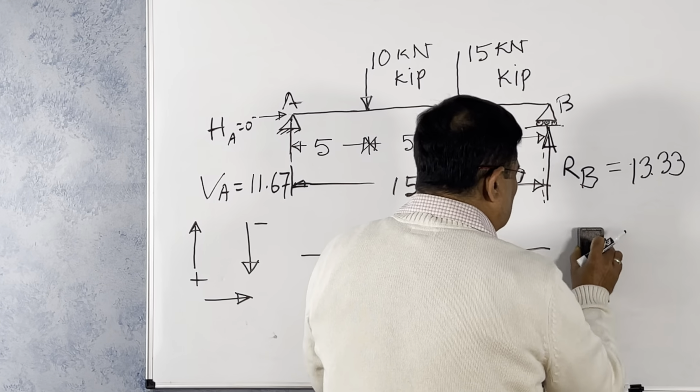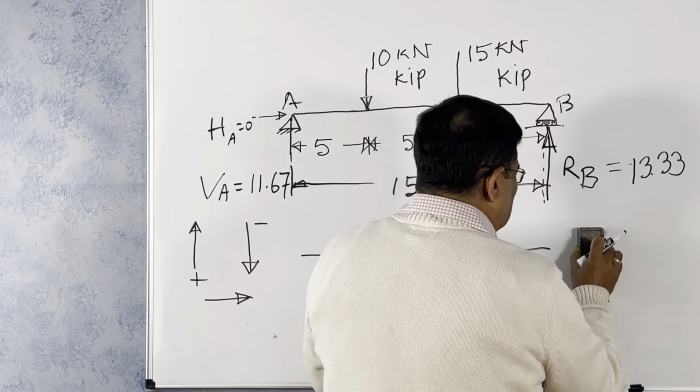If you calculate the value from left to right, this direction, your vertical upward is positive, vertical downward is negative. That is the shear force convention. Always remember from which side you are calculating the values. If you are calculating from left to right, upward positive, downward negative. Consider from right to left, upward positive, downward negative. This is the convention for shear force.